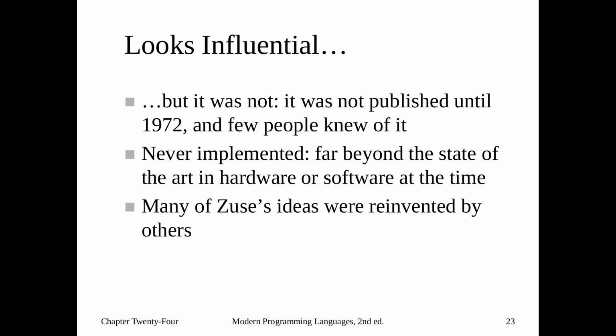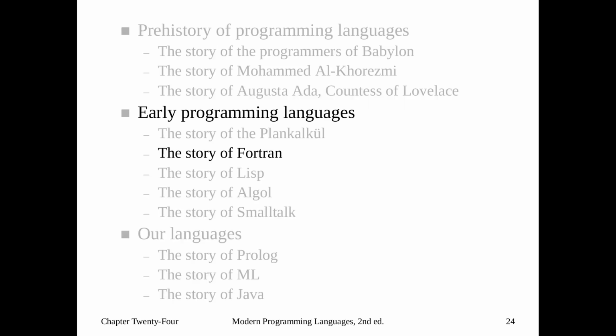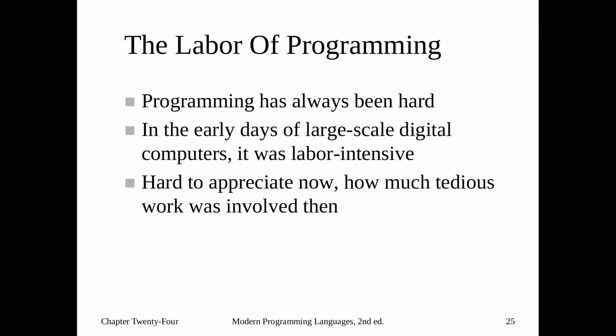A lot of stuff was happening while he was not publishing this language. So, unfortunately, it never was implemented, mainly because there was nothing to implement it for at the time when he developed it. Luckily, though, a significant number of his ideas had been reinvented by others. And so that leads us to the next story.